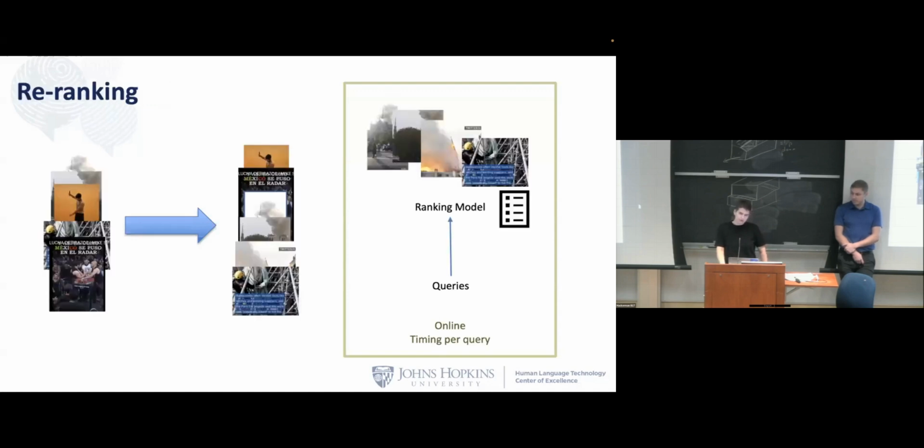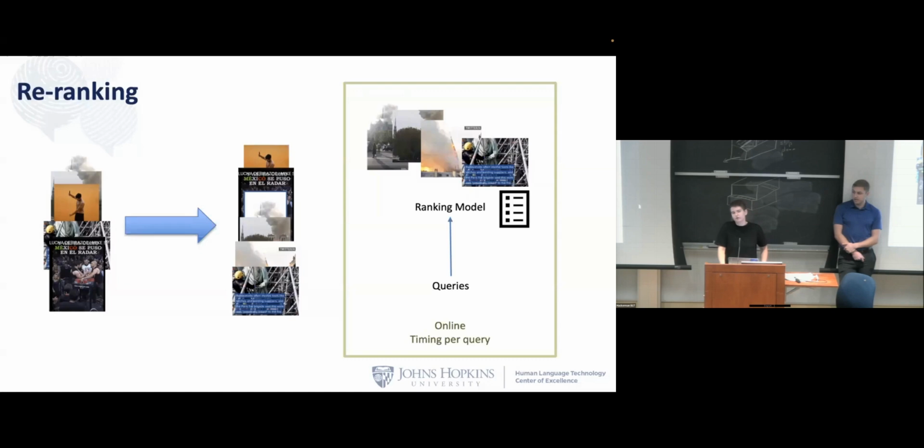And additionally, you have to decide whether or not you want to do re-ranking. So we can't consider the queries that are passed in to a video retrieval system when you're indexing the videos, just due to computational issues. But once you've actually indexed and retrieved a set of videos based on a query, you can then go and re-rank those videos using the query afterwards.